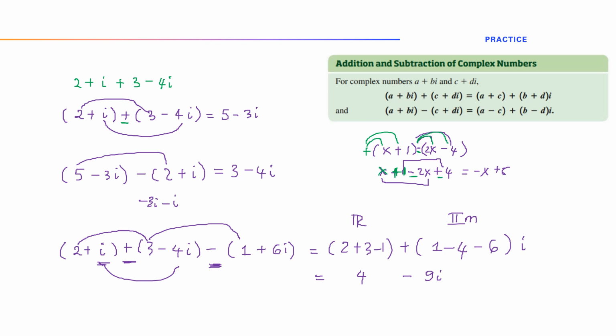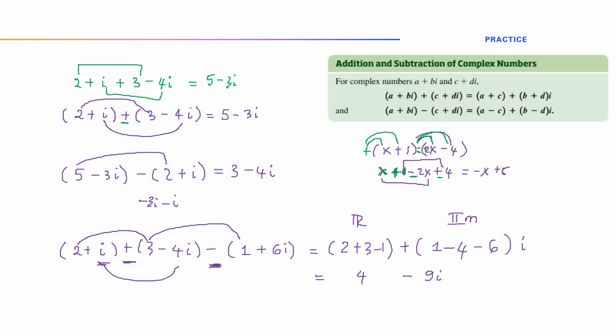Inside is positive 2x, now when you open the parenthesis it becomes negative 2x. Inside the parenthesis is negative 4, because of the negative outside, when we distribute, it will become positive 4. So similar to that, right? And then we combine like terms. So the real part is 5, and then i plus i minus 4i is negative 3i.